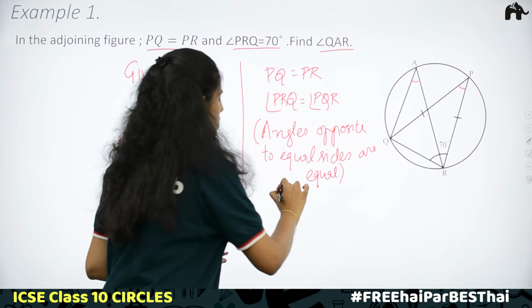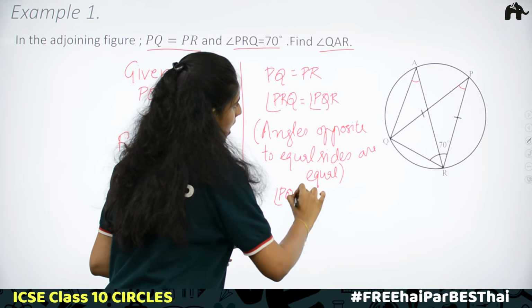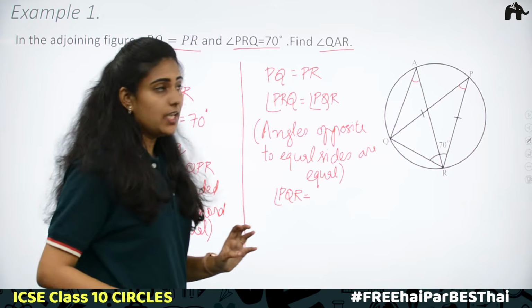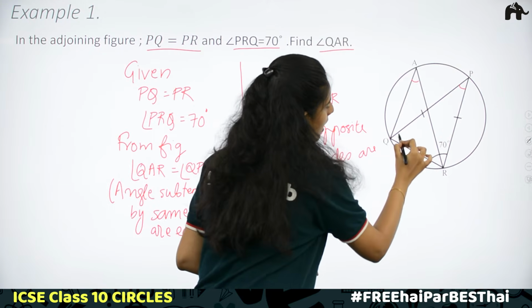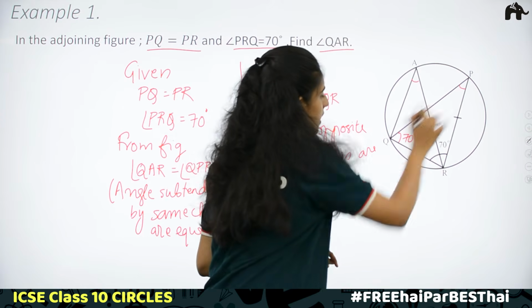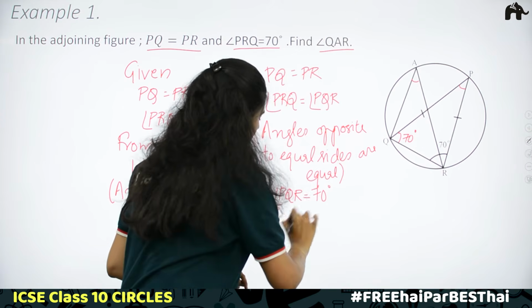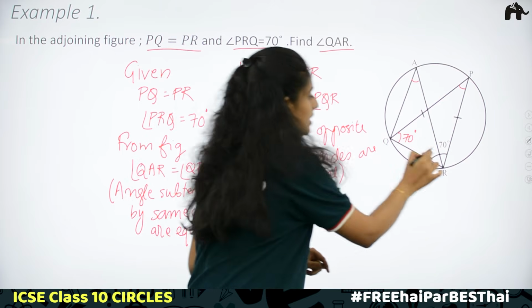Okay. Then what is the measure of angle PQR? PQR will also be equal to 70 degree. Now consider the triangle PQR. In triangle PQR, what do we have? Two angles are known.